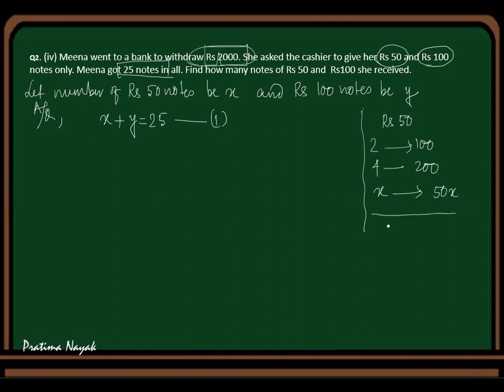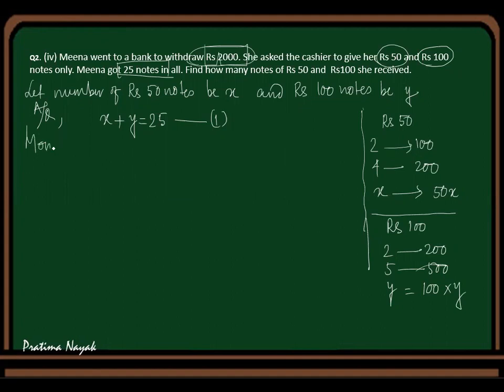In the same way, a rupees 100 note gives you 100 rupees. If it's 2, I'll get 200. If it is 5, I'll get 500. If it is y, I'll get 100 into y. So what will I write here?